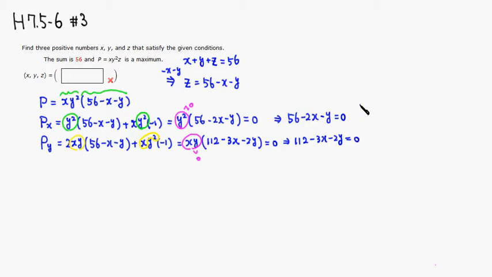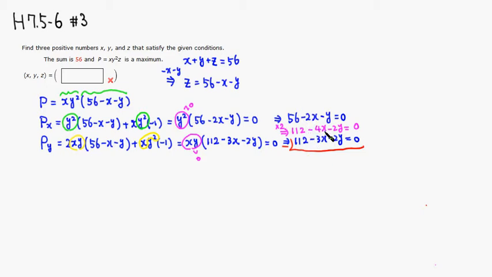Then I'm going to multiply the first by 2, so I get 112 minus 4x minus 2y equals 0. Then we can do the subtraction. 112 minus 112 is 0.